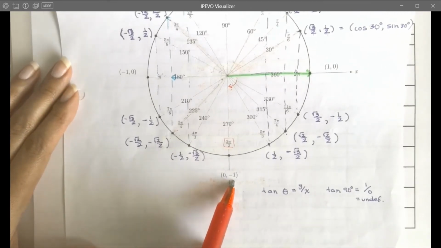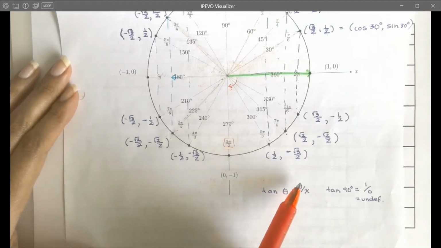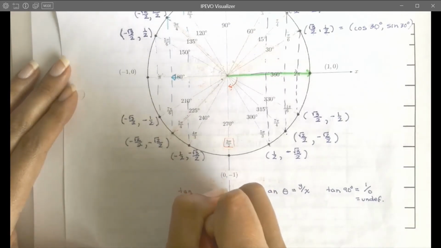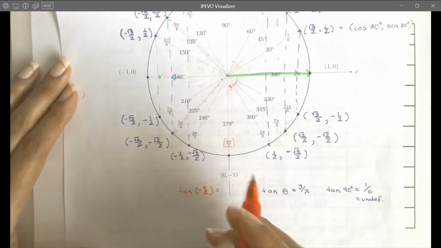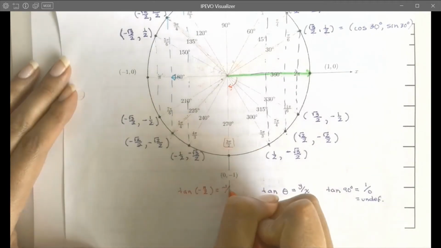0, negative 1. Now, if you remember from the second definition that we learned for the trig functions, tangent is defined to be y over x. So if we want to find out what is tangent of negative pi over 2, we need to take the y value of the point, which is negative 1, divided by the x value of the point, which is 0.